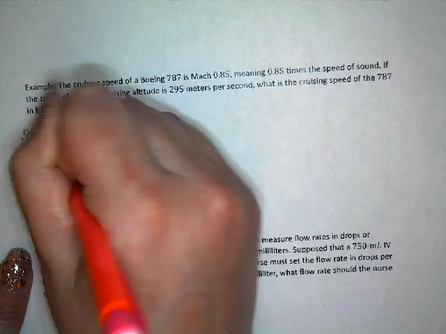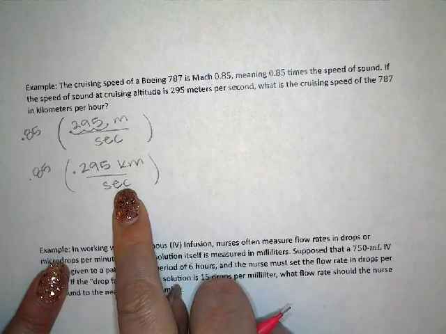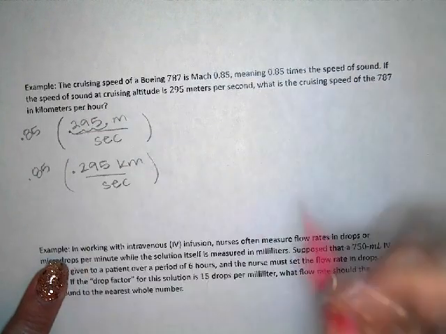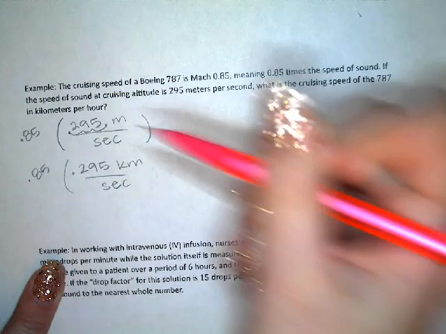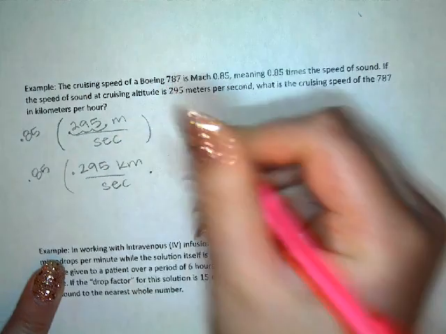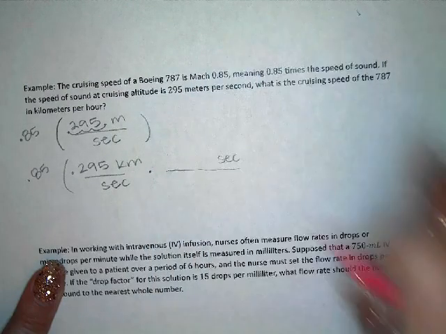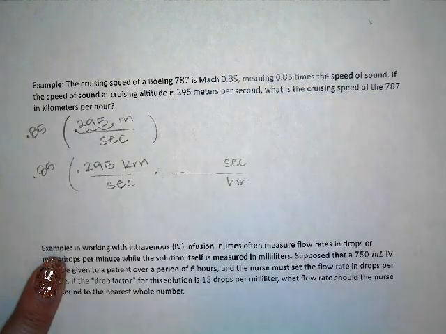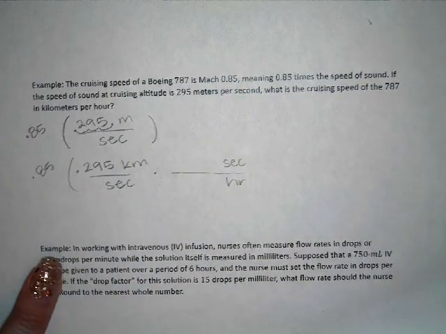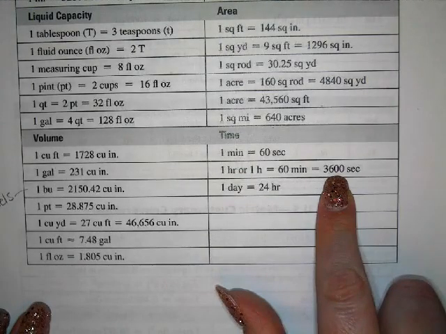And I'm going to convert these seconds into hours. So I want to get rid of the seconds, put seconds on top. I want to introduce hours, so I'll put hours on bottom. And I know that 1 hour is 3,600 seconds.